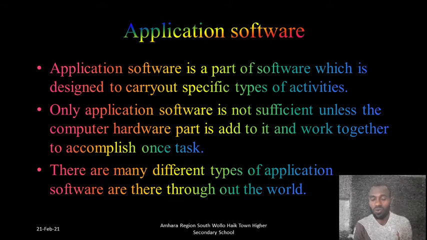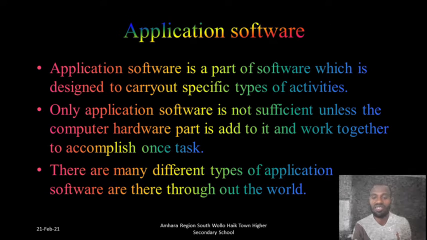So in order to achieve the goal of the computer, the application software and the computer hardware with its system software should be available and work together to achieve the purpose of the computer or to do different types of activities.